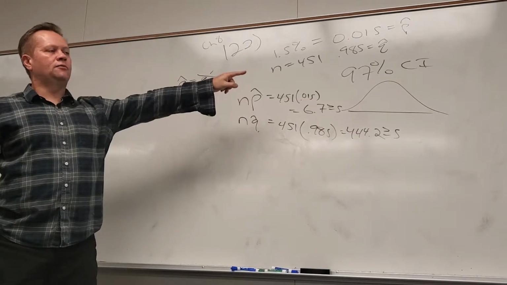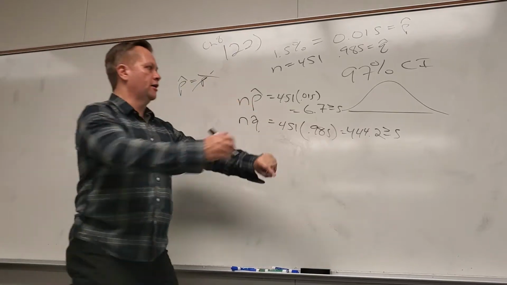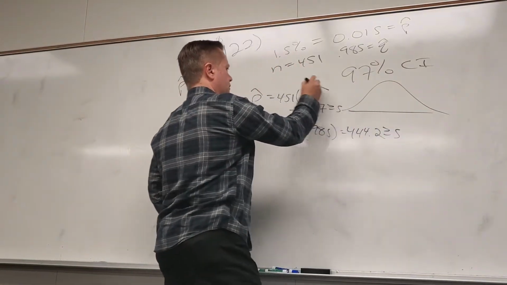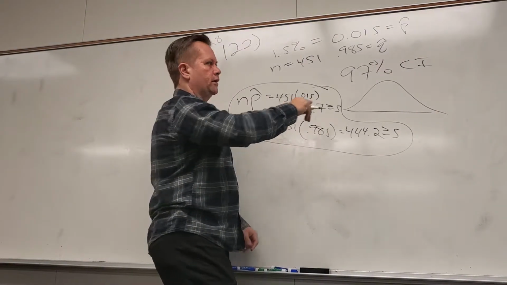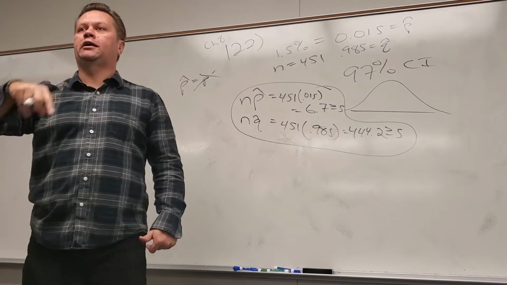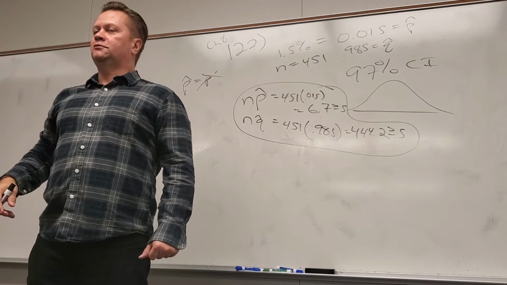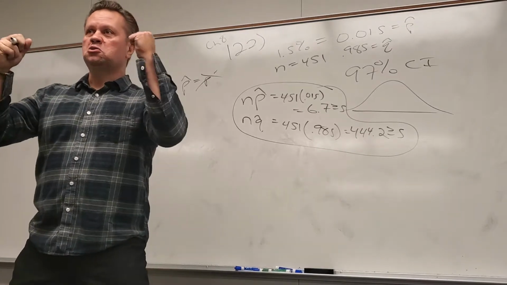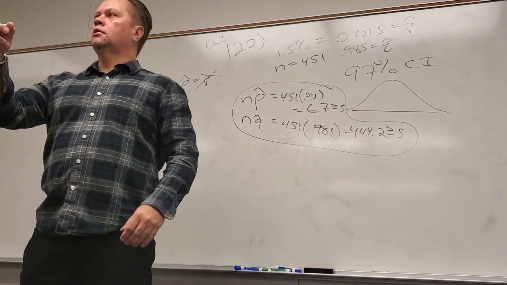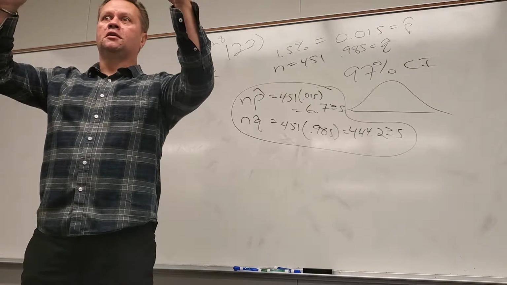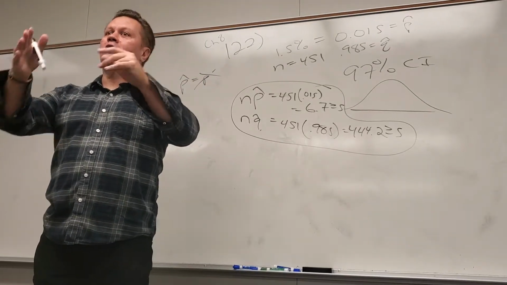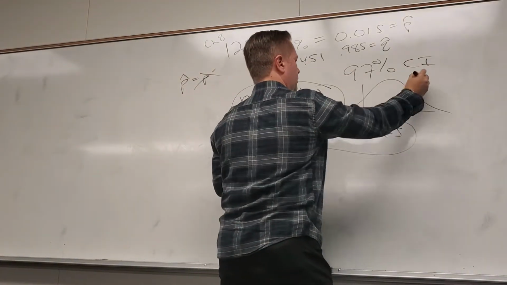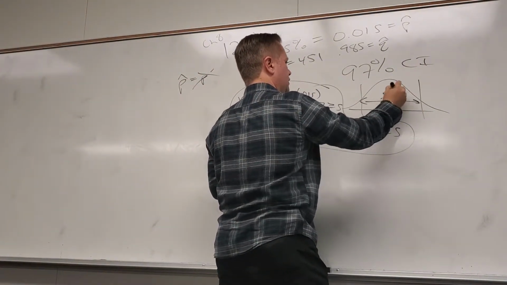What does a 97% confidence interval look like? Now I know I can draw this because the check worked, so it's normal enough. There's 97% in the middle, right?